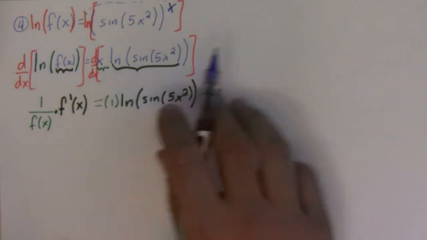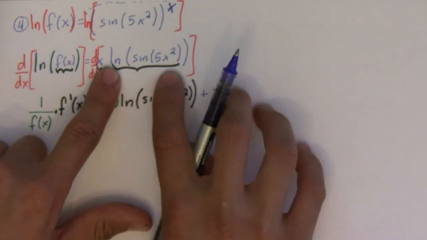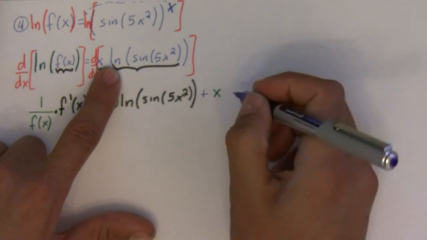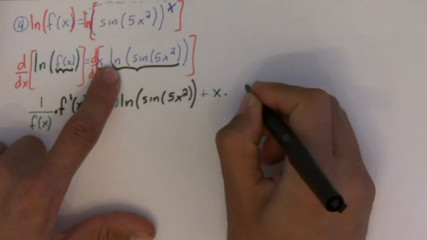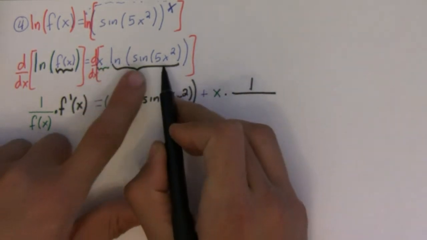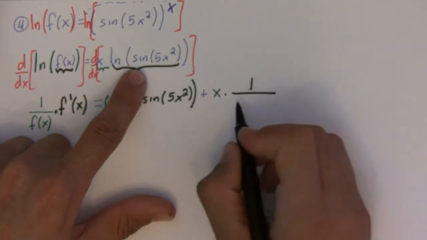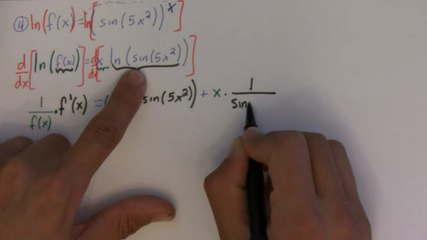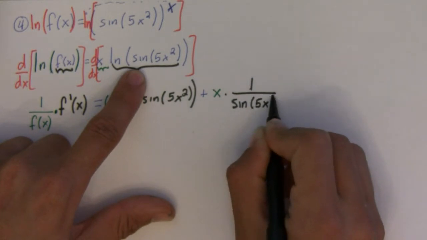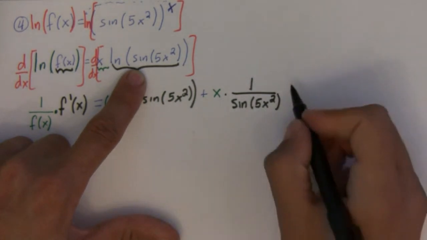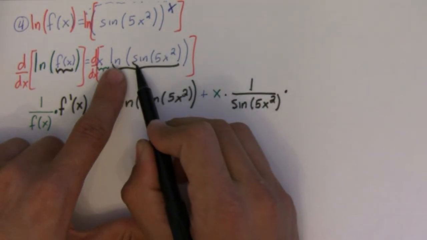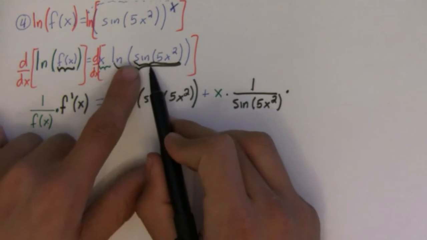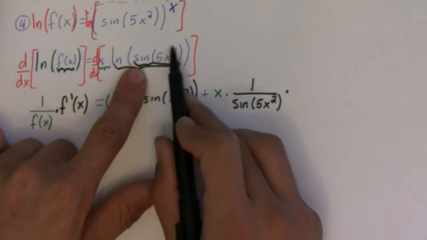So here the most outside function is natural log. So the derivative of natural log is 1 over the inside, leaving it alone. So I'm going to have 1 over sine of 5x squared times, now I move one level further, so I'm going to get the derivative of sine of 5x squared.